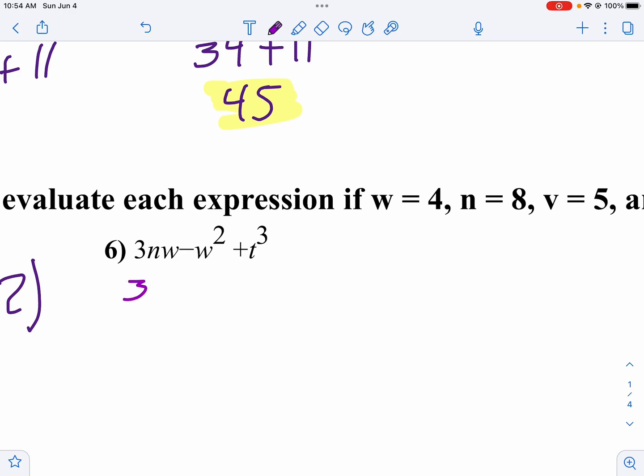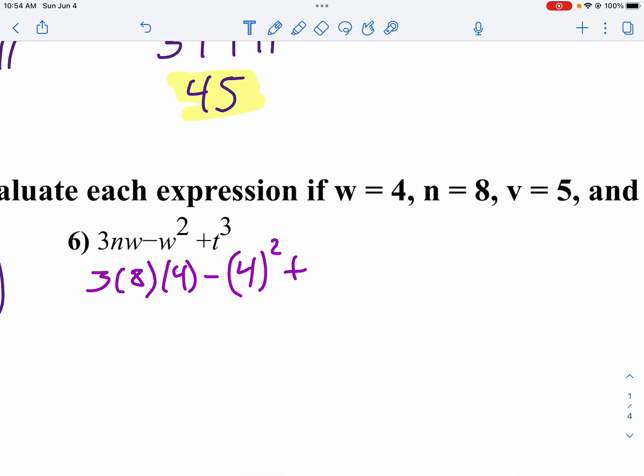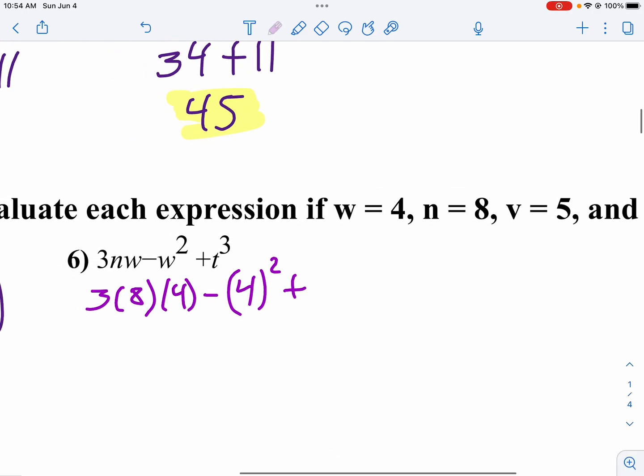So 3 times n, which is 8, times w, which is 4, minus 4 squared, plus t cubed. And t is 2 plus 2 cubed. Okay, we'll start off with our expressions and multiplications or exponents.